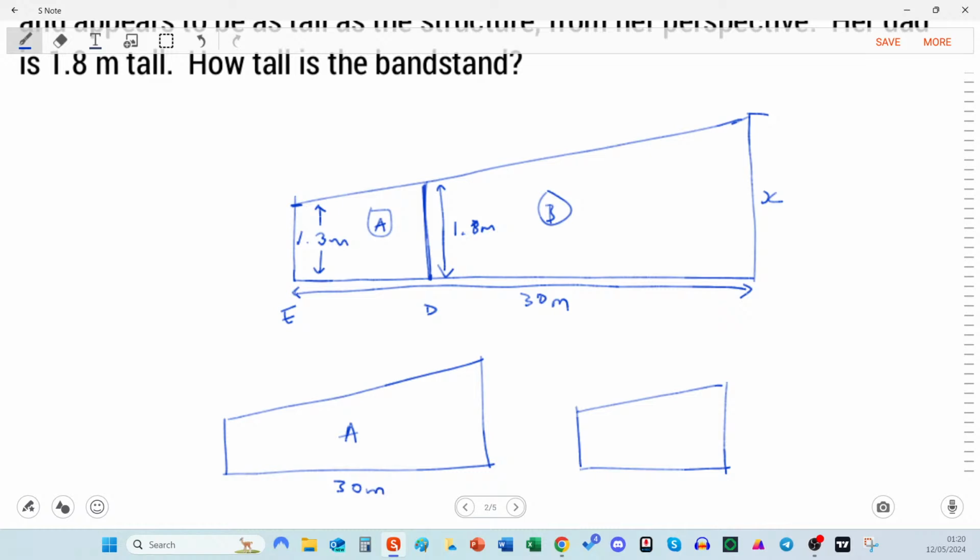It's the full length. And then the side here is 1.3, and then the side here is 1.8. But this also contains this x here.